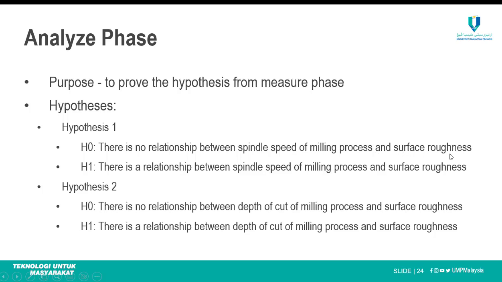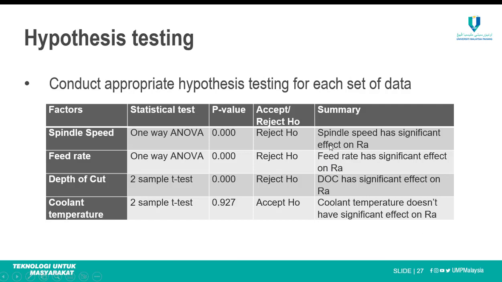But based on the data that we obtained and the statistical test, we reject the null hypothesis, which means that we accept the alternative hypothesis, that there is a relationship between spindle speed and surface roughness. So based on the data and tests we conducted, it is now proven that there is a relationship between spindle speed and surface roughness.